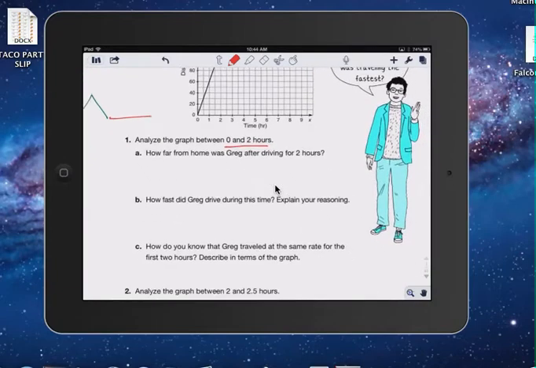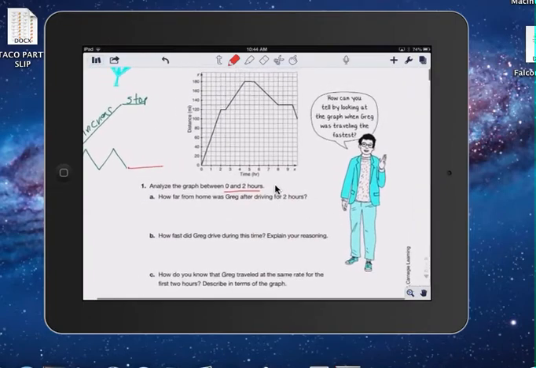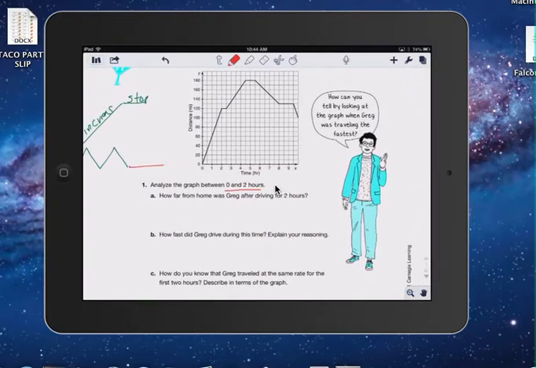Answer those questions in your groups. Help each other out. A, B, C, and D, you guys. Okay. Don't write just both.